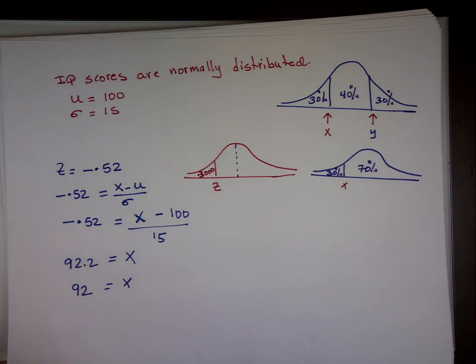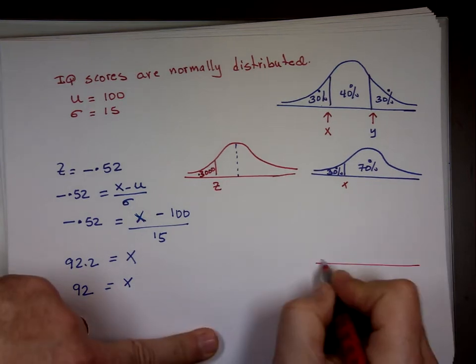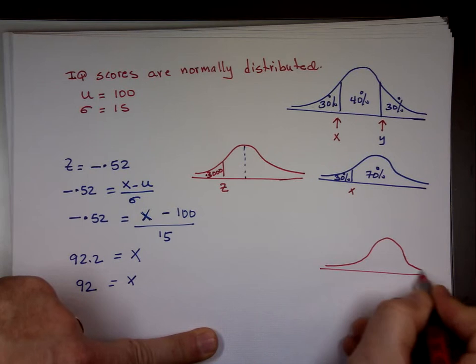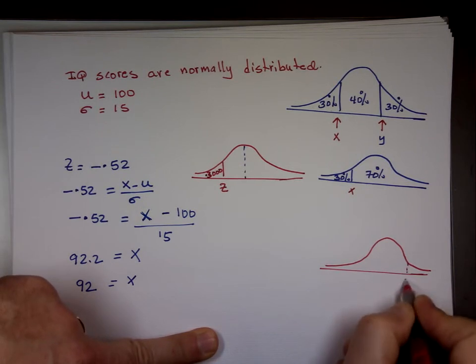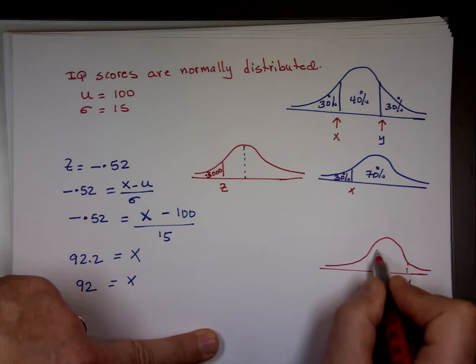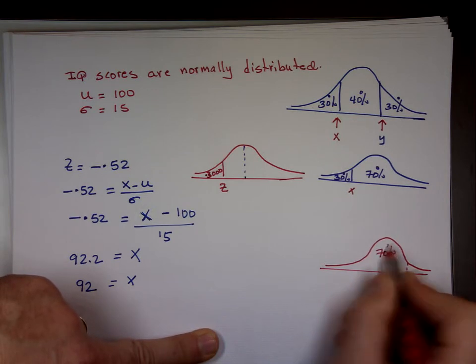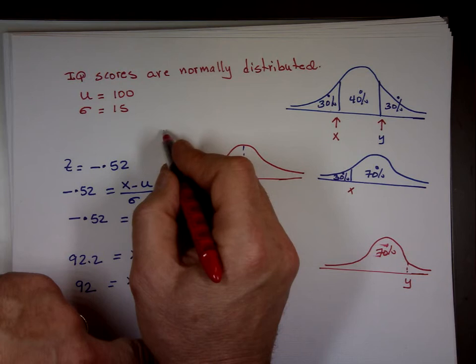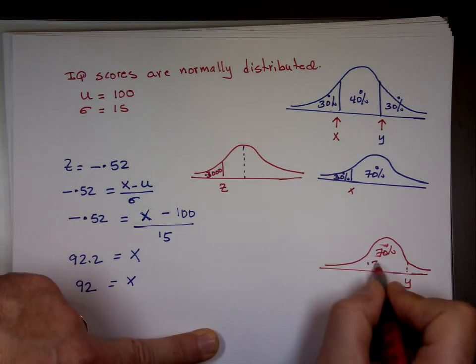If you look at y now, I don't care about x. This is y. The area to the left of that will be what? 70%? Because I'm talking from here all the way to infinity. That's 0.7000.